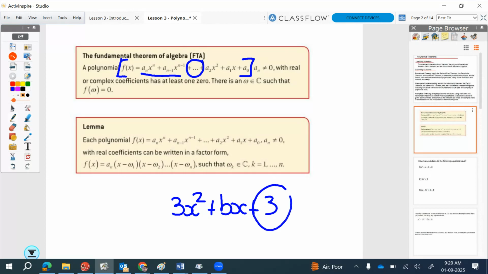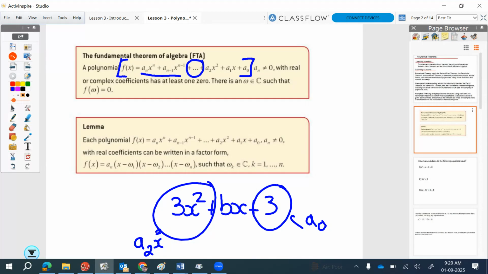In this particular case, here's a0. This one here would be a2 x to the 2, and then the middle term would be a1 x to the 1. So it shows an expansion of any polynomial; it's a generalization.